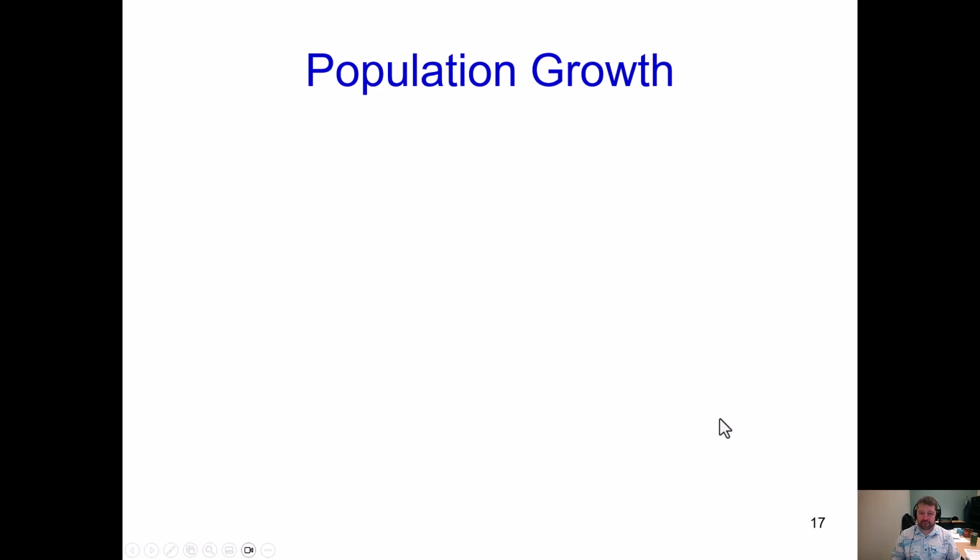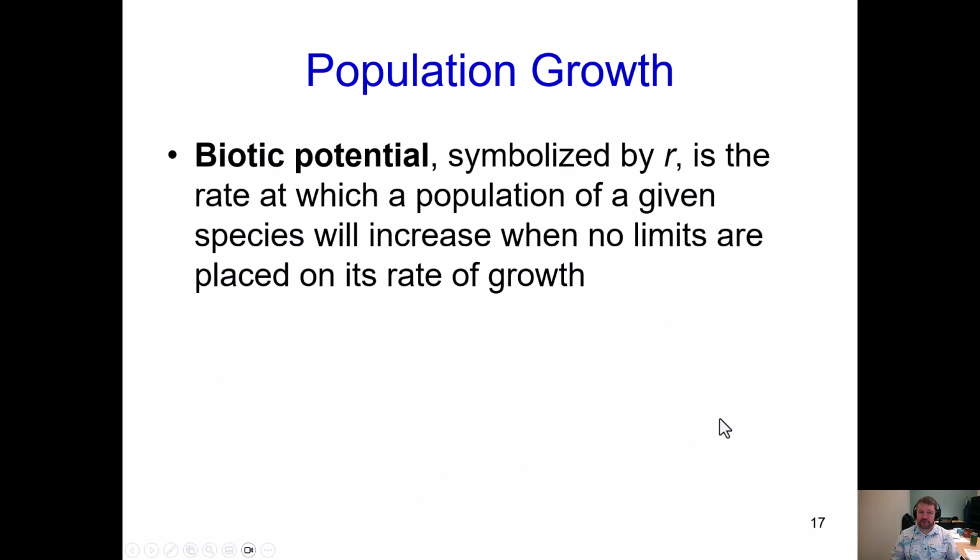Okay, so first off, we need to talk about what's called the biotic potential or biological potential of an organism, or of a population, of a species. Normally we symbolize it by an italicized r. Sometimes it's an italicized r with an i, which indicates intrinsic rate of growth. And we'll come back and talk a little more about that. But really, r is just a symbol to show how fast a population can grow if there are no limits.